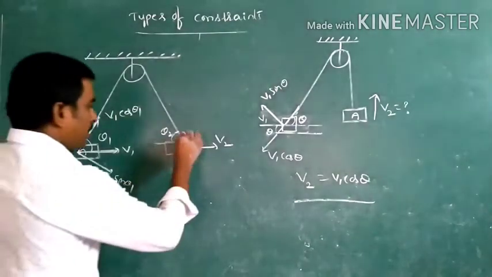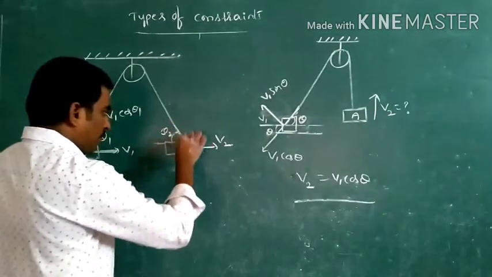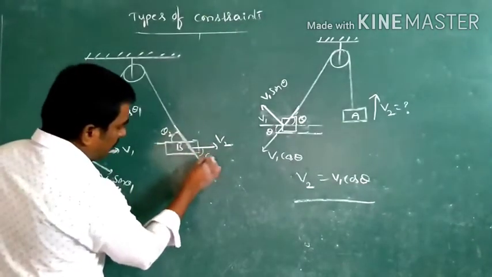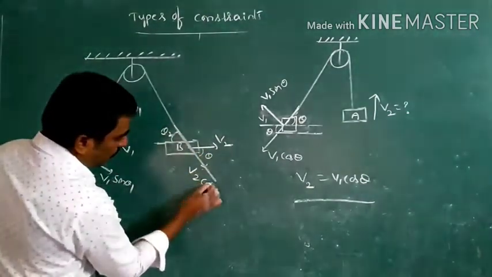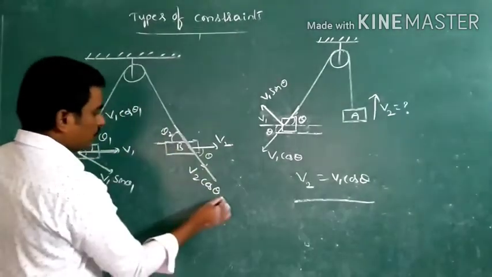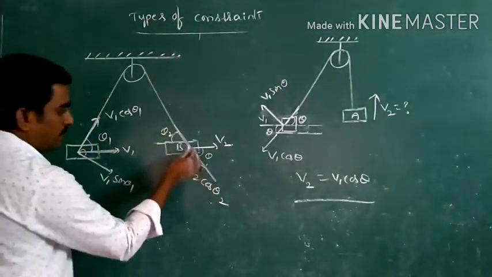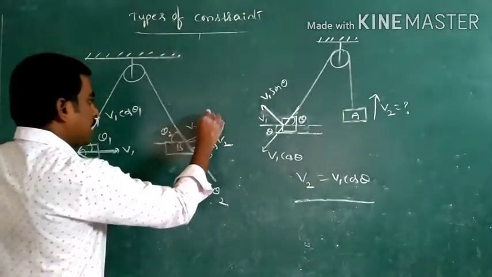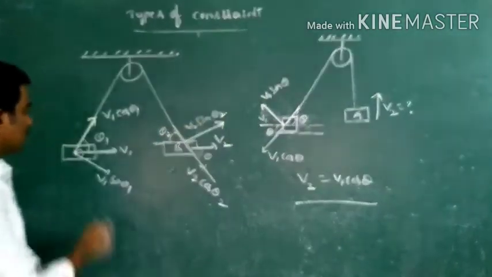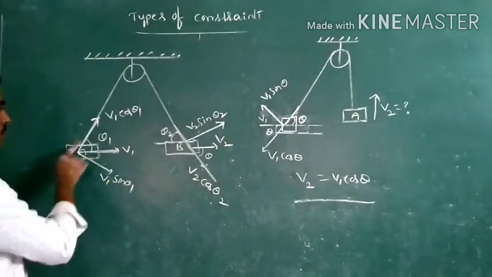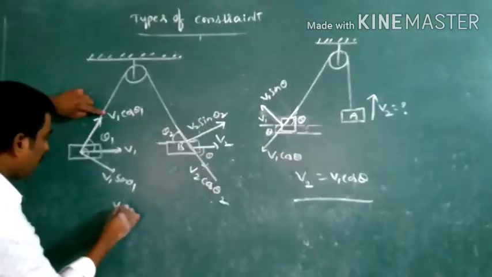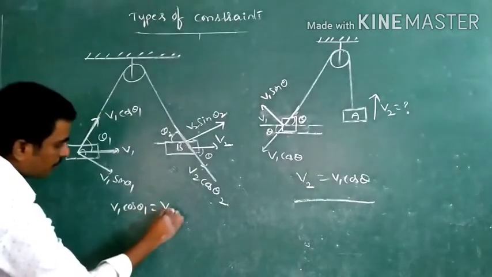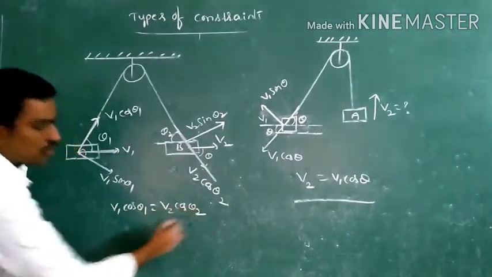Next, this one we are going to convert into two components. This is one of the components. Opposite angles are equal. This is v2 cos theta2. Next, another component, the perpendicular component, is v2 sin theta2. So the components along the lengths are equal. This one component, v1 cos theta1, equals v2 cos theta2.